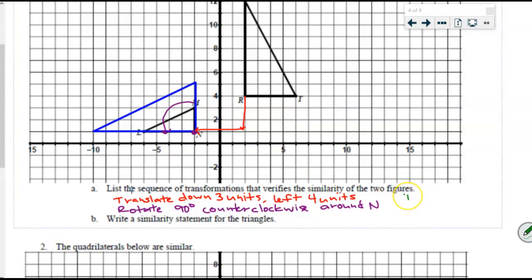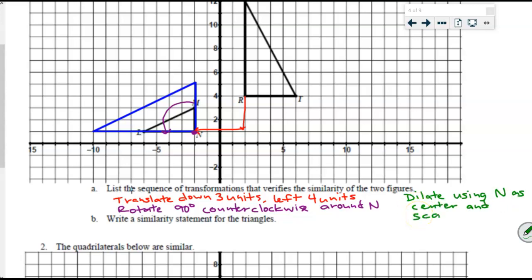So dilate using N as center, and scale factor, because we do need to define our dilations using a center and a scale factor. What would that scale factor need to be? Yeah, 1/2, because here I have a length of 4 and it's going to shrink down to a length of 2. So 4 multiplied by 1/2 is how I get to 2. So scale factor would be 1/2.